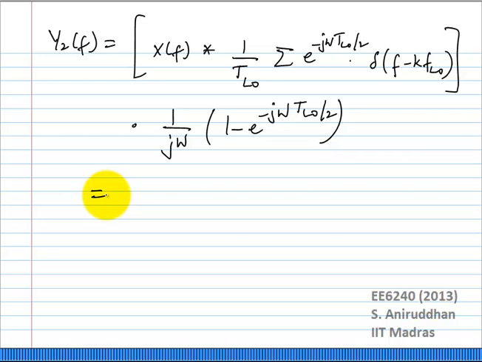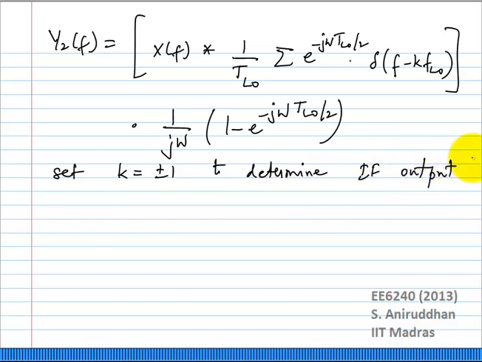Now again, I can set k equal to plus or minus 1 to find out my IF output. So y2 of f at the IF port gives you 1 over TLO. So I have to evaluate x of f at k equal to plus or minus 1.